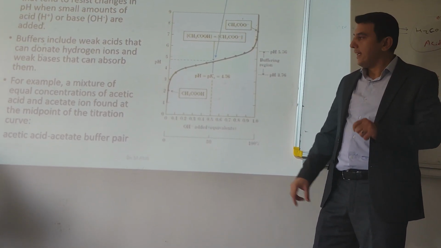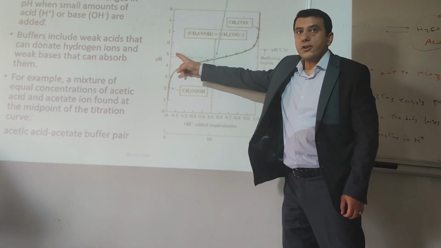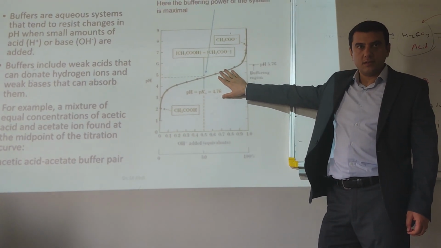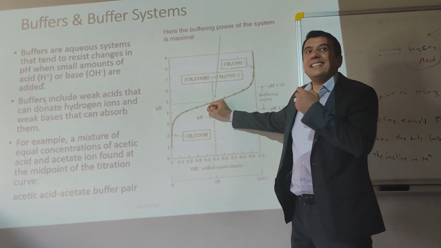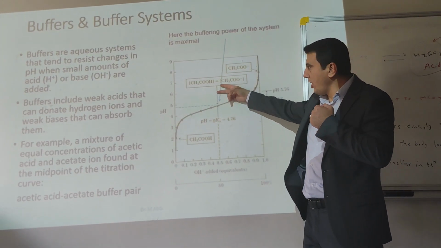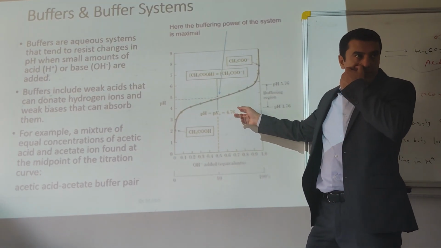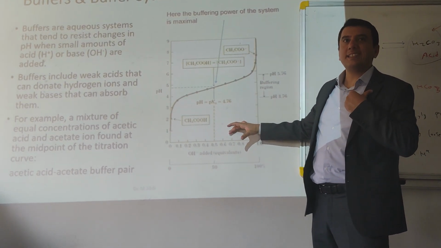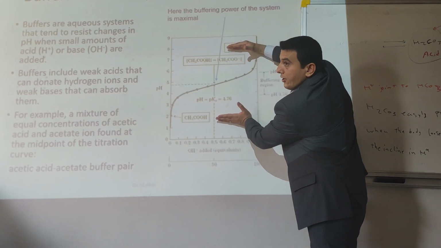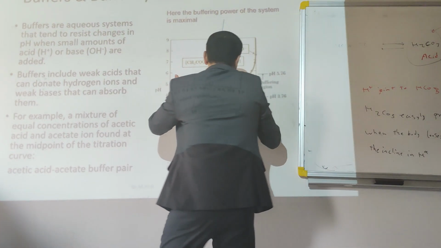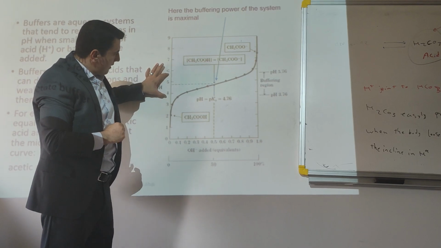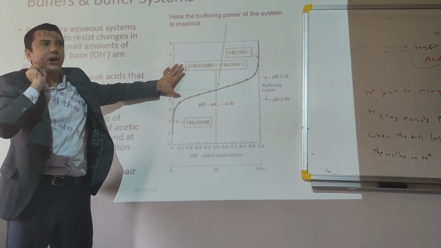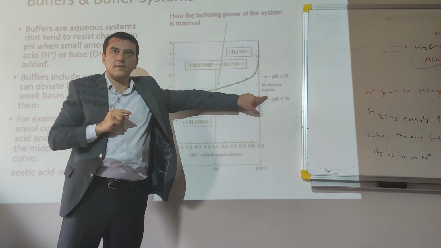As you can see, in this region, our buffer completely resists the changes in pH. You cannot see such resistance in other regions. You can just see these properties in a unique region. What is this unique region?